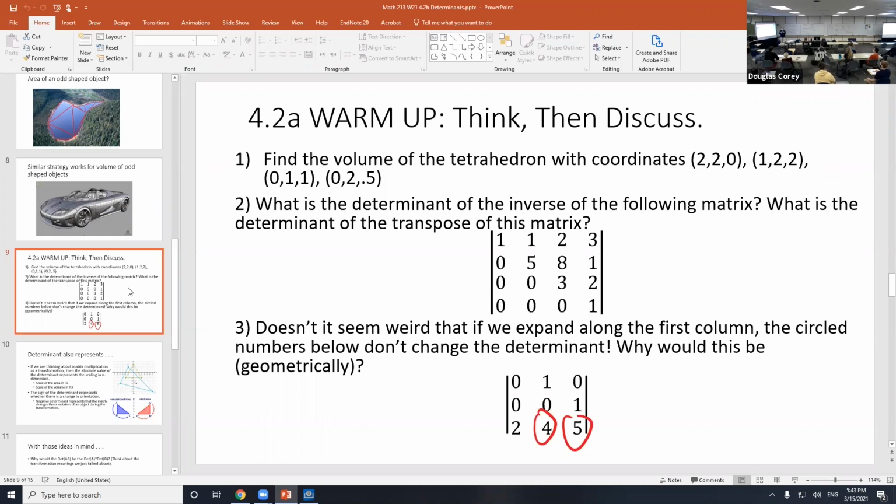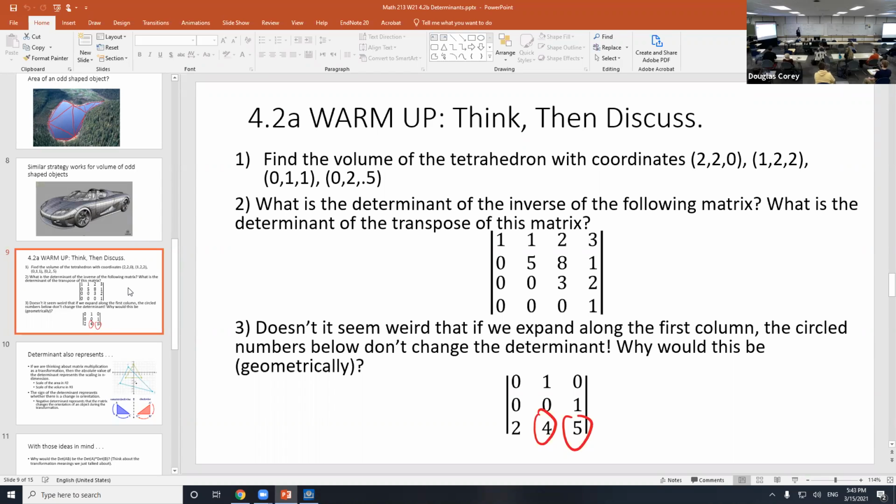If all your entries are real, then the determinant is going to be real. Before, you have a matrix and you can't just multiply it out normally, but if you have the determinant of that matrix, then it's a scalar, a real number. Now it's a lot simpler. Yes, it is.